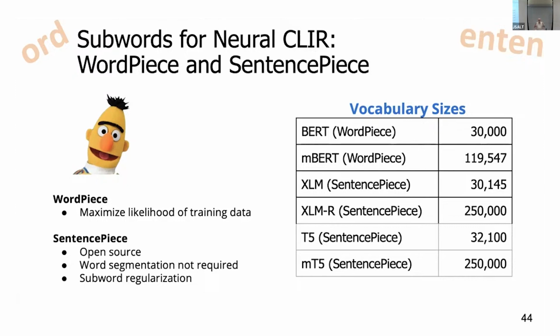Decisions like that are going to control what it means to be the best breakdown. And sentence piece actually does a bunch of other stuff to try to have a unique tokenization and to make sure you're getting an efficient breakup of the word.